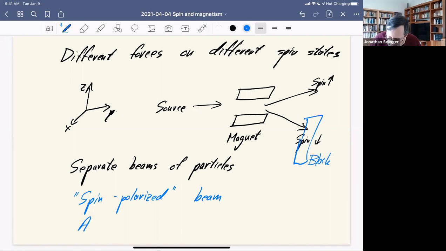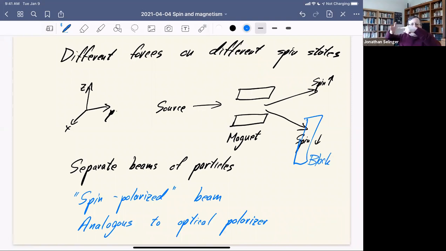And this is something which is analogous in some ways to an optical polarizer. An optical polarizer blocks off one polarization of light. You could say, if light is passing through this way, it could block off the horizontal polarization and only allow through the vertical polarization, right?